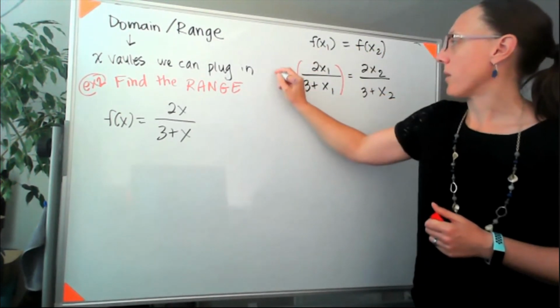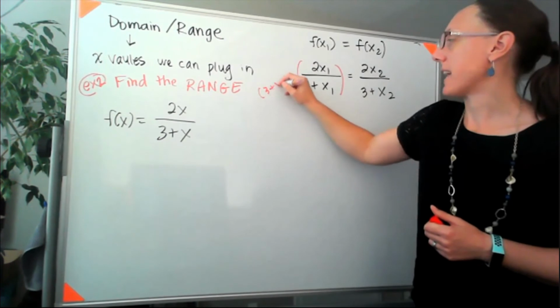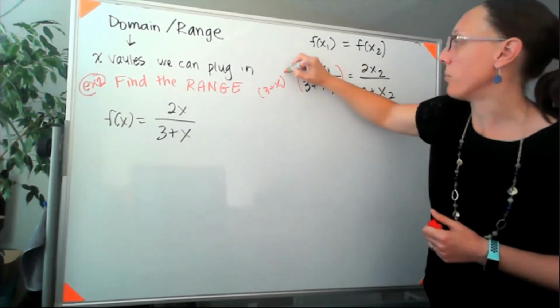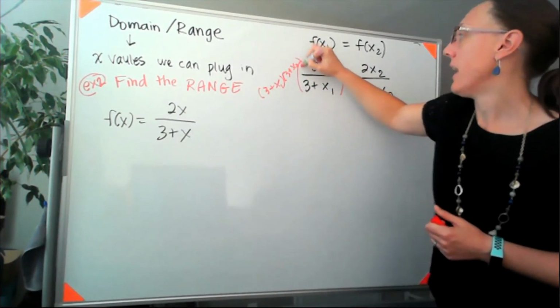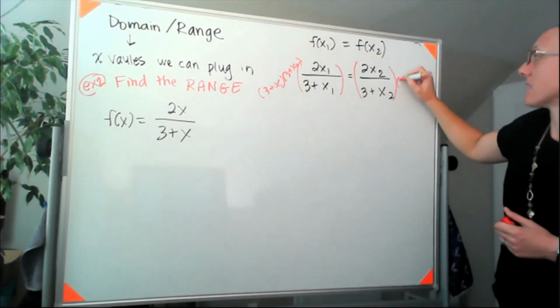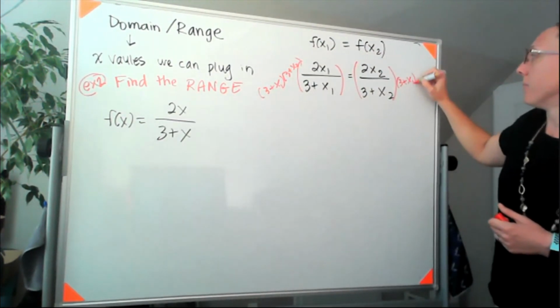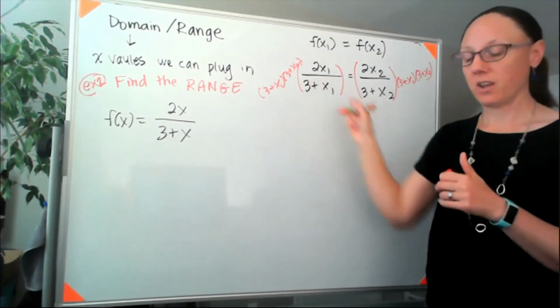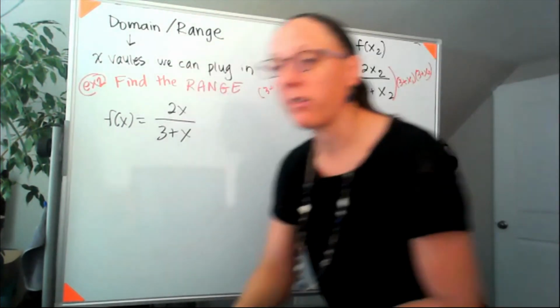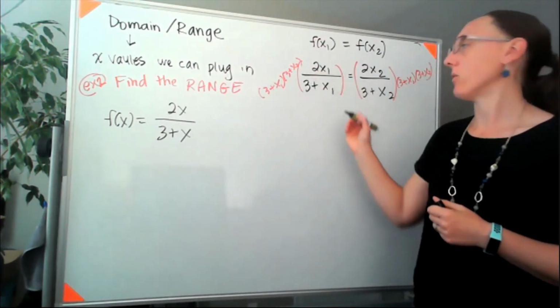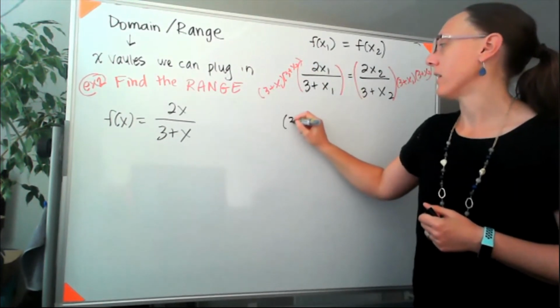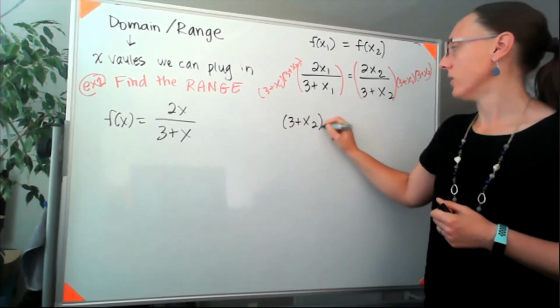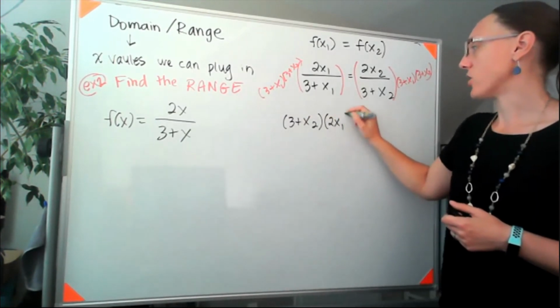Meaning I'm going to multiply by 3 plus x1 and also by 3 plus x2. If I do that on both sides, then I won't have fractions anymore. On the left-hand side, that 3 plus x1 is going to cancel out, and I'm going to be left with 3 plus x2, and then I'll still have that 2x1 on top.